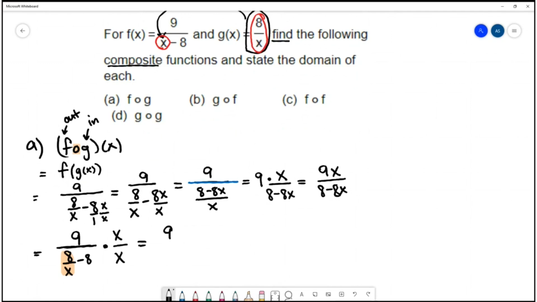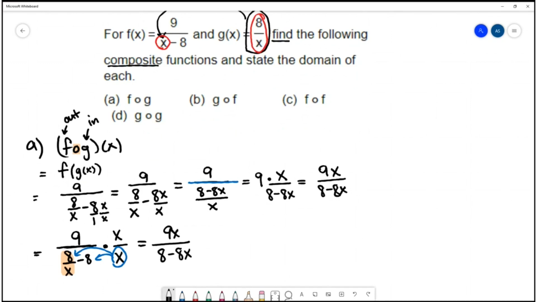That would give 9x in the numerator, and in the denominator we would distribute this x to both terms. When we distribute to the first term, the x's cancel and we get 8, and when we distribute to the second term we get minus 8x. So we get the same expression with these two different methods of simplifying.